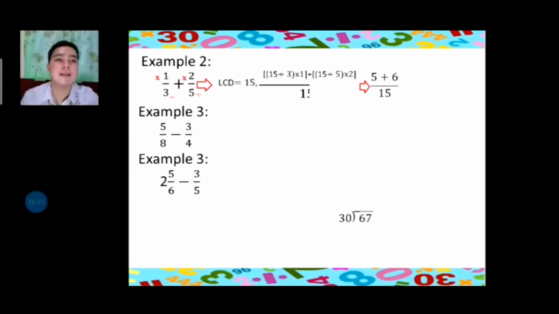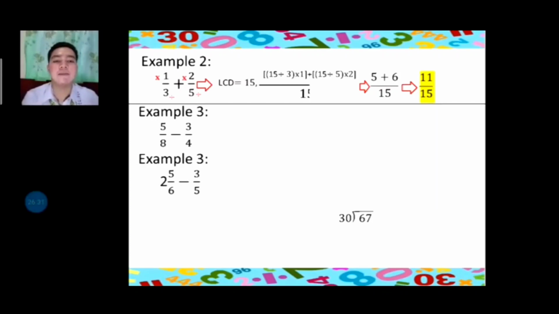So we have 5 plus 6 over 15, which is 11 over 15. You can reduce it to lowest terms if possible. Since this is the simplest form, this will be our final answer.